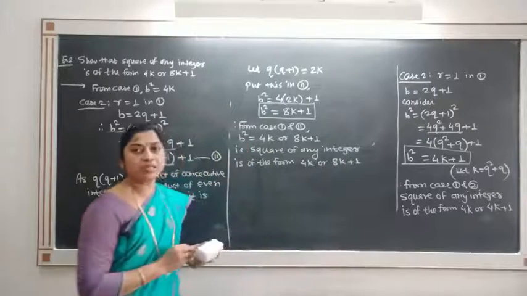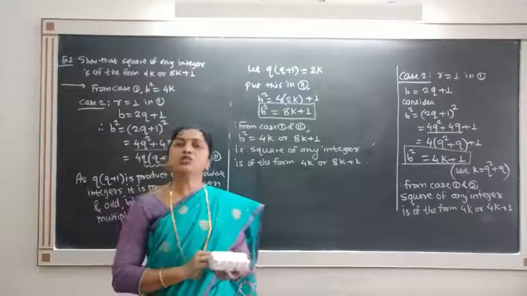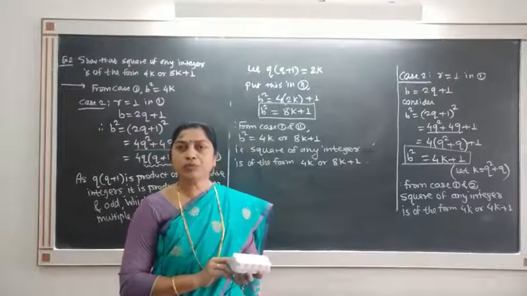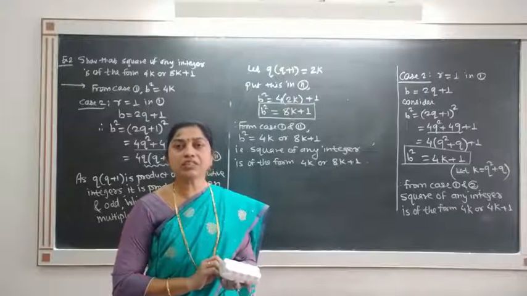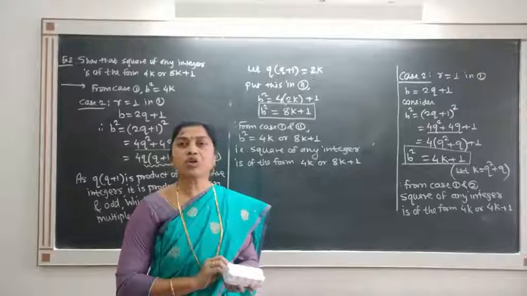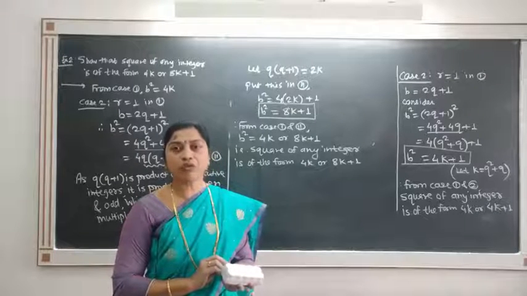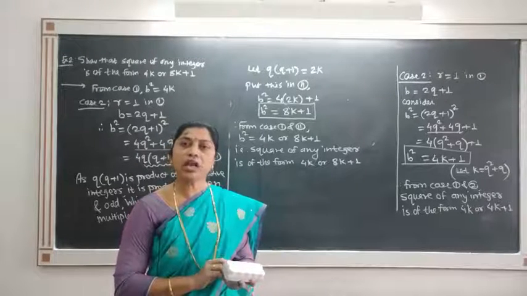So in the first example we have shown that the square of any integer is of the form 4k or 4k plus 1. In the second example we have shown that the square of any integer is of the form 4k or 8k plus 1.